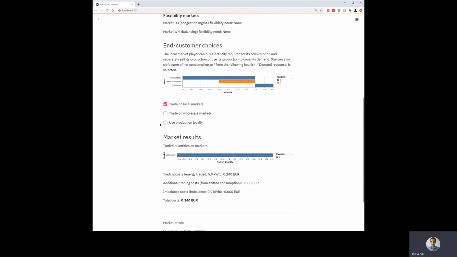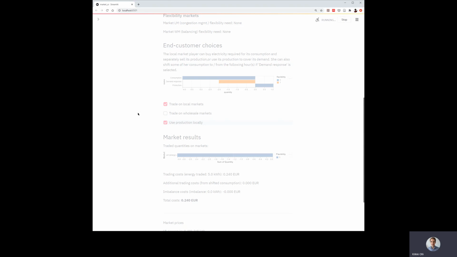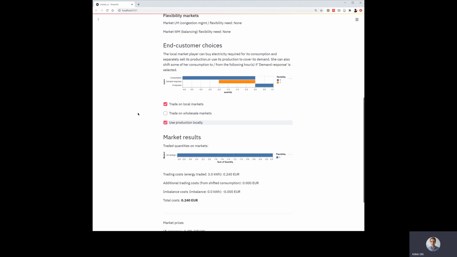And then we could also check this use production locally to specifically indicate that we will just need those 3 kilowatt hours. So we traded only that, resulting in a cost of 24 cents, and no imbalance costs because we have purchased everything we need.